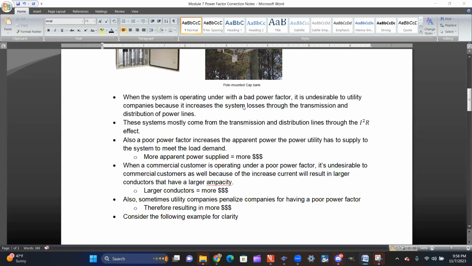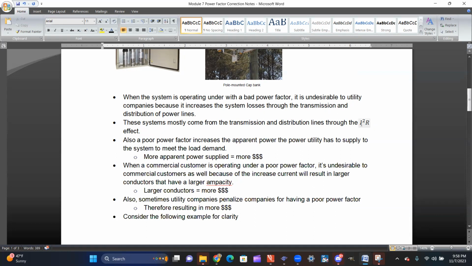All right, so when a system is operating under a bad power factor, it's undesirable to the utility company because it increases the system losses through the transmission and distribution power lines. These system losses mostly come from the transmission and distribution lines through the I squared R effect.